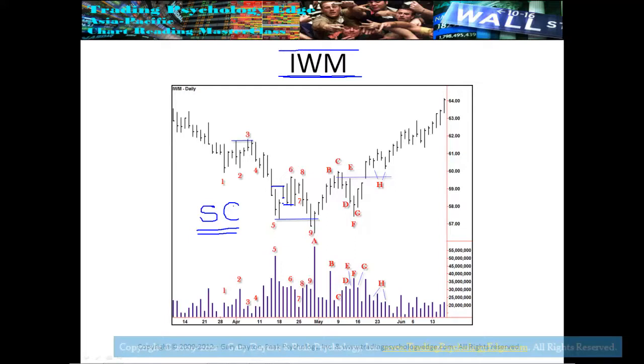But we stop. Anybody have an idea? Let's just try to do a little interactivity here. Anybody have an idea why bar 6 stops dead in its tracks like that? And then we go back into this churning action instead of continuing to follow through. Anybody have an idea?